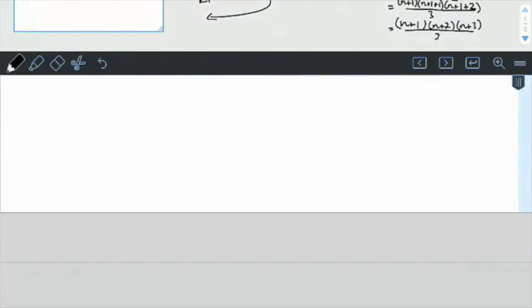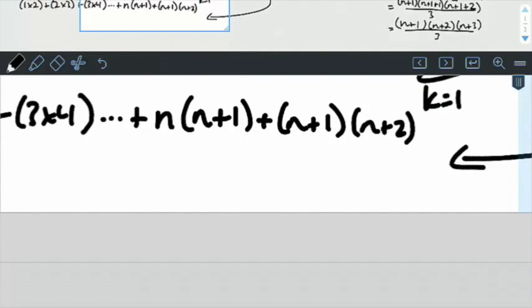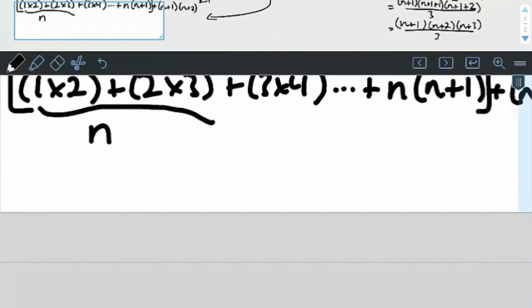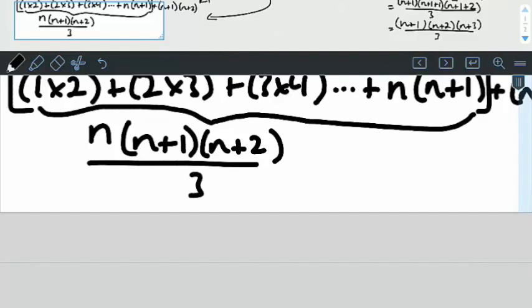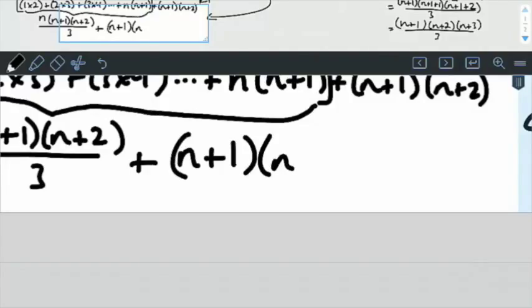So, once again, let me write that out. So we already know, or we've already assumed, that this much equals our formula, plus. Now we're adding this. N plus 1 times n plus 2.